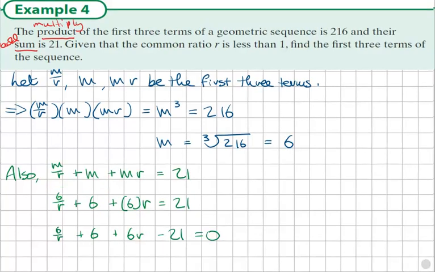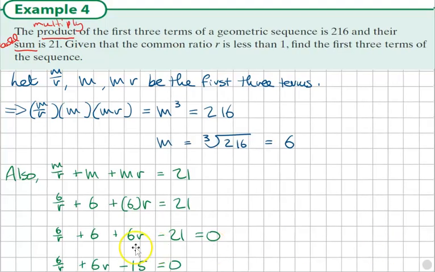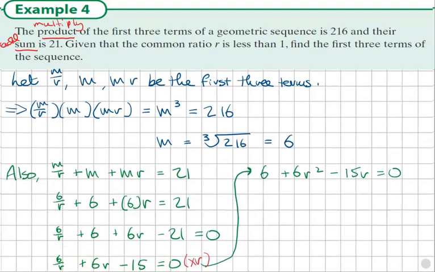So simplifying and bringing everything over to the left-hand side, we get 6 over r plus 6r minus 15. We're going to multiply across by r to break up the fraction part. So 6 divided by r multiplied by r, the r's will cancel and you're left with 6. 6r multiplied by r is 6r squared, and minus 15 multiplied by r is minus 15r.